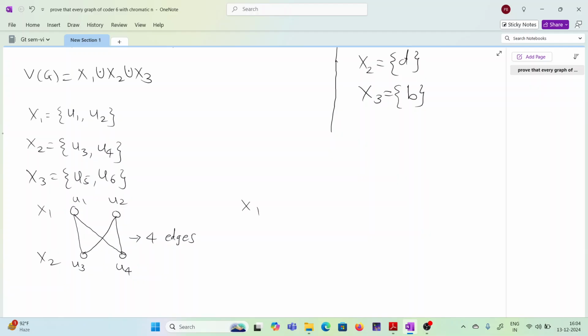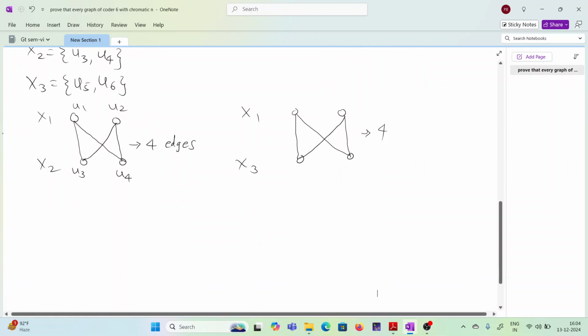Similarly, we can draw edges between vertices x1 and x3. So x1 has 2 vertices, x3 has 2 vertices. So there are again 4 possibilities for the number of edges. And last, x2, x3.